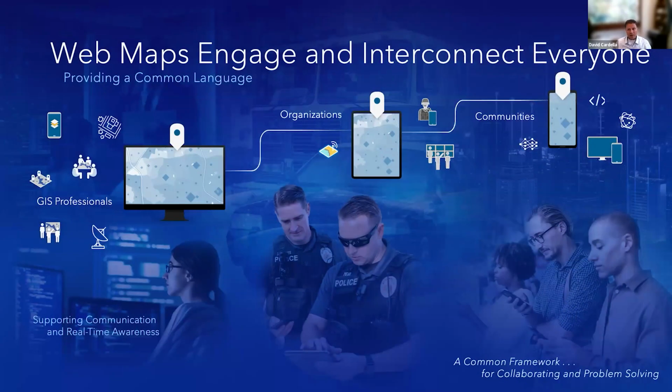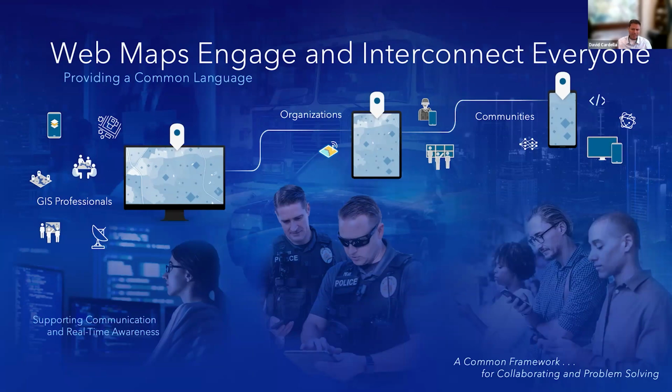And WebGIS includes both web maps and web scenes, and it's a great way to engage and interconnect with everybody. It provides a common language for your agencies, where it's used to communicate within your agency, but also with folks perhaps outside of your agency. It could be the public as well.